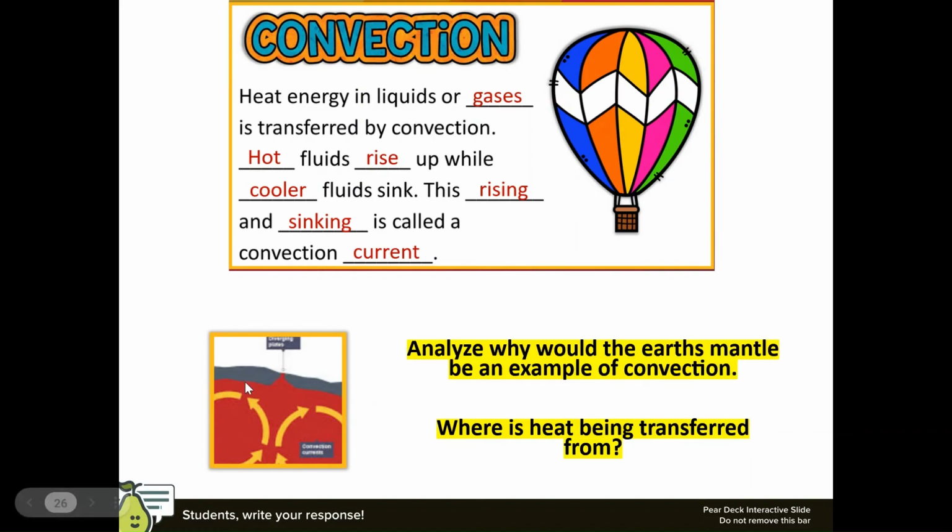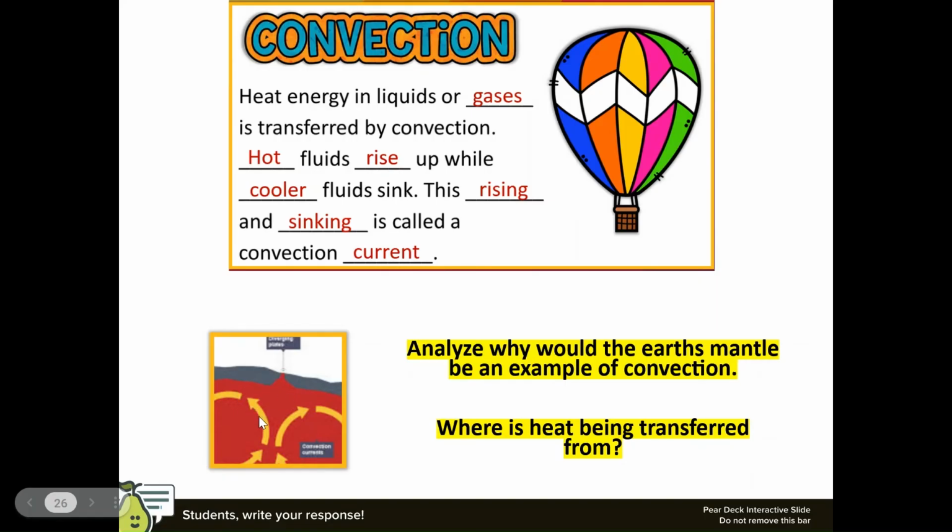Convection current also happens in the Earth's mantle. And this is our final example for convection. The Earth's mantle is an example of convection because down deep into the earth, there is magma. And that magma, which is that red hot stuff that can really burn you, circulates through a convection current too. So the magma closer to the surface is really, really hot.